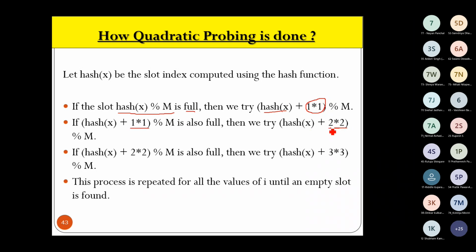If after moving by 2 square, that location, hash of x plus 2 square mod m, is also full, then we will check the location at 3 square, and this process will be continued till we get a free slot to put the current record. Are you getting this? How quadratic probing works?